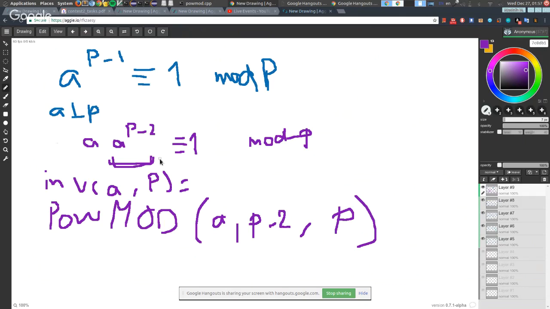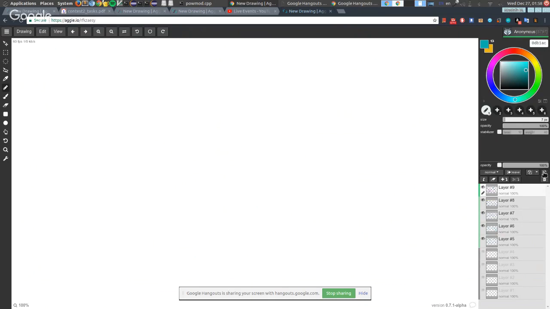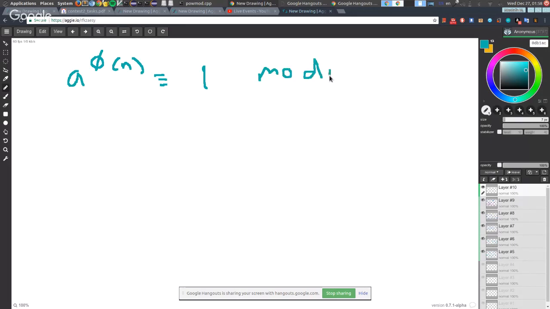We can still solve this problem if p is not a prime number, as long as a and p are coprime. I will just mention it here, but I will not explain why it's the case. There's a generalization of Fermat's little theorem. It says a to the power of phi of n is congruent to 1 mod n.